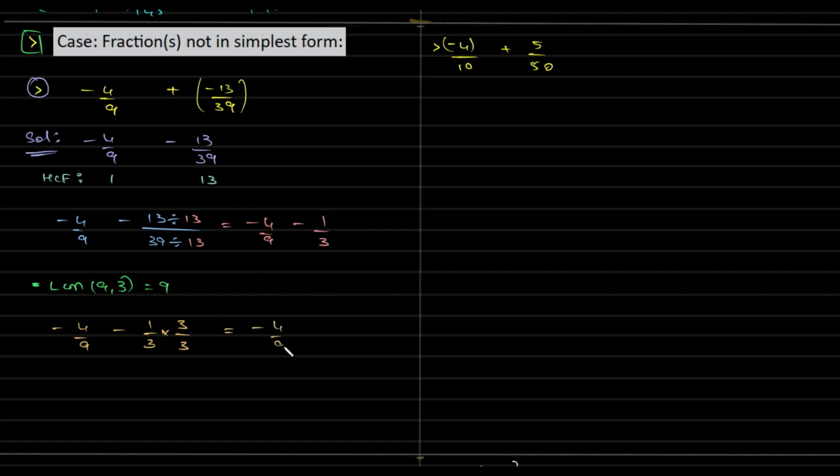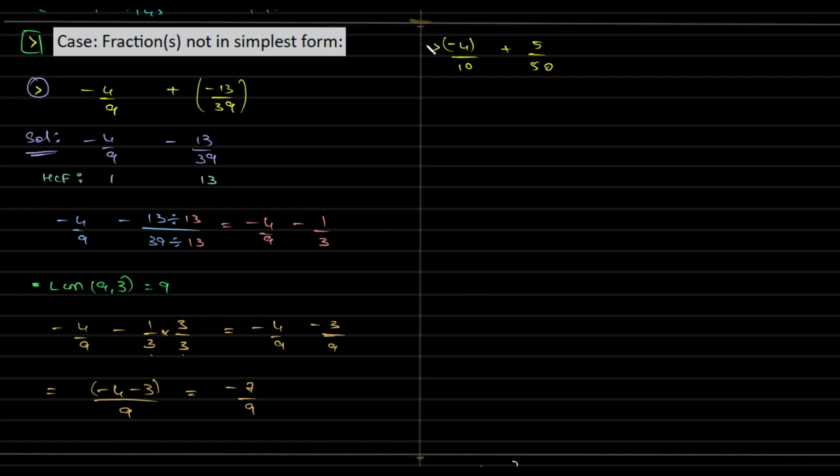So negative 4 by 9, negative 3 by 9. Simple multiplication. Numerator to be multiplied with numerator, denominator to be multiplied with denominator, and we have this. So next is simple step. Write the numbers with their signs, and in this case it's to be added, and we are done.